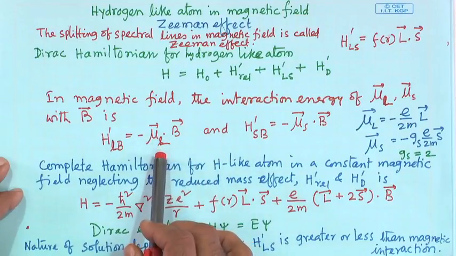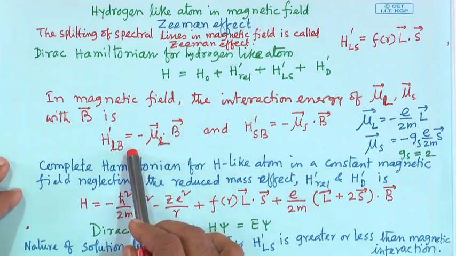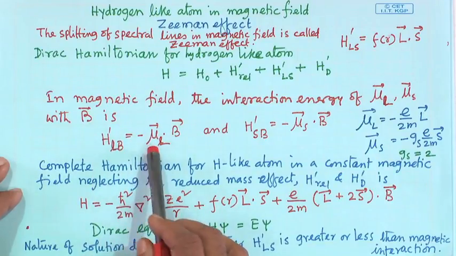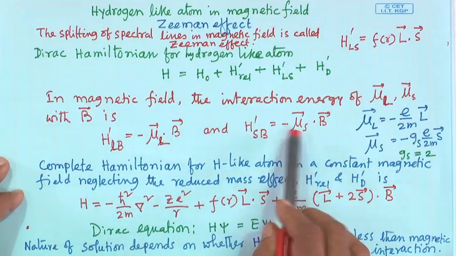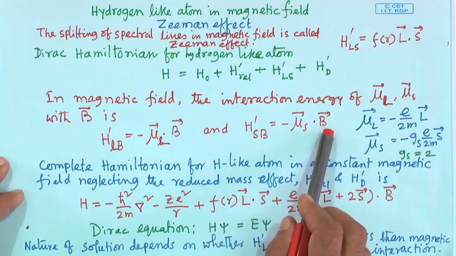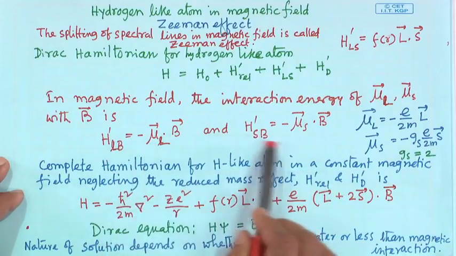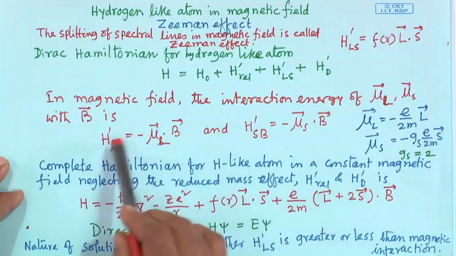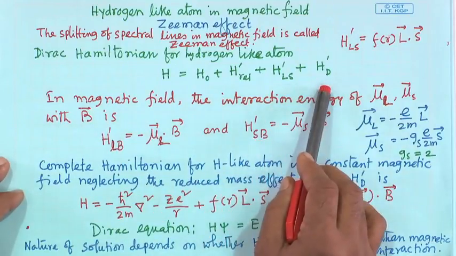One is mu L, the orbital magnetic moment, with corresponding energy minus mu L dot B. Similarly, for the spin magnetic moment, it will be minus mu S dot B. These two terms are due to magnetic interaction and will be included in the Hamiltonian.